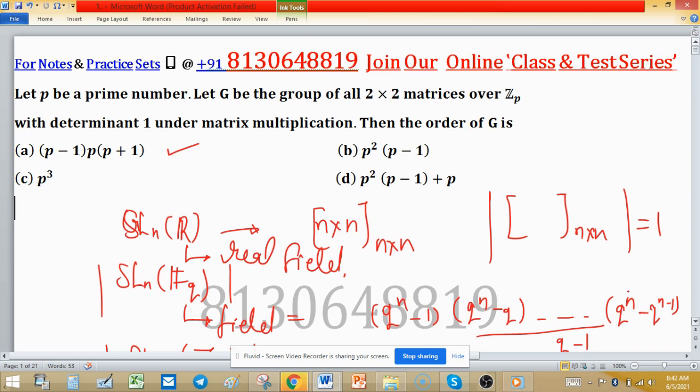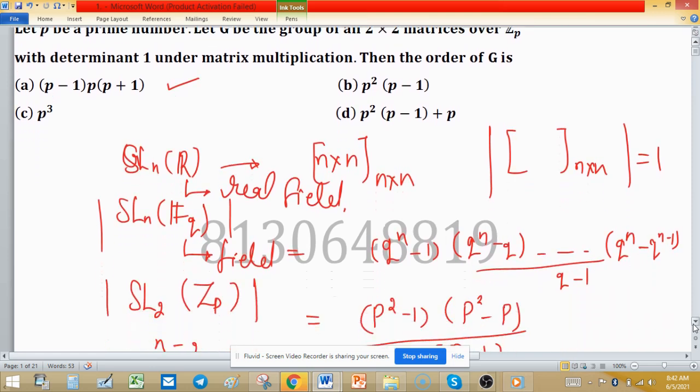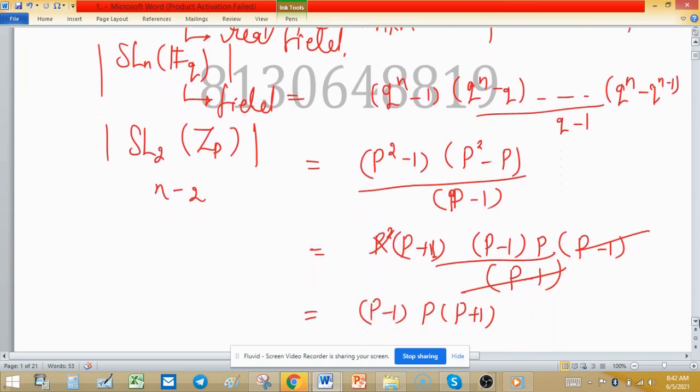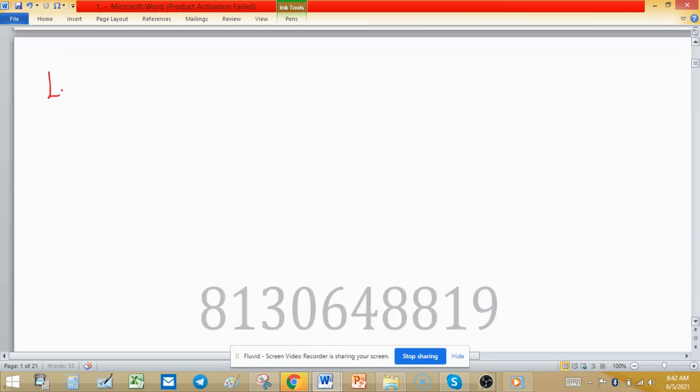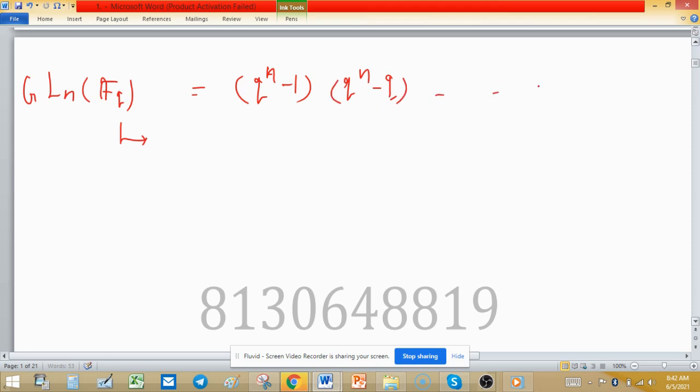Sometimes the problem can be asked for GL_n(R), or GL_n(F_q), supposing the field is this. The formula for this one is (q^n − 1)(q^n − q) and so on up to (q^n − q^(n−1)).